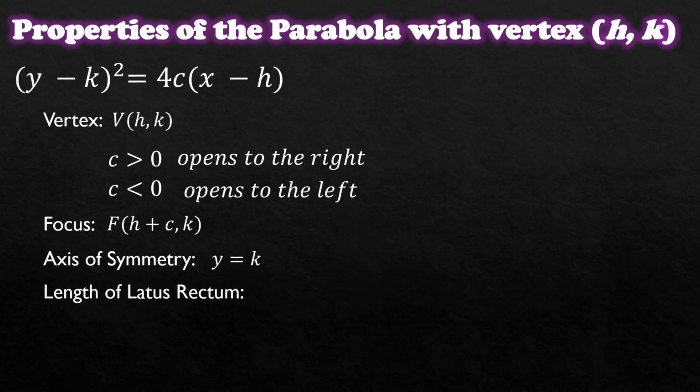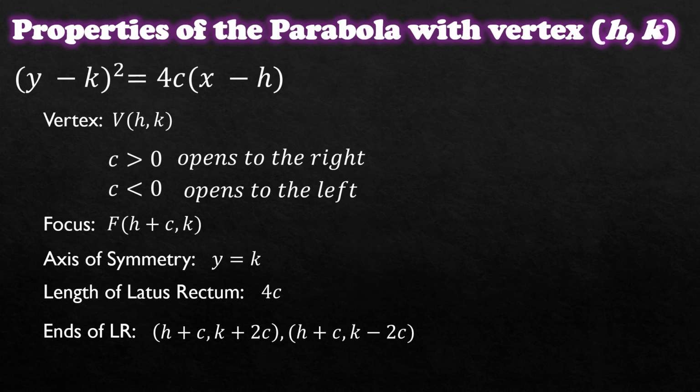The length of latus rectum will be the absolute value of 4c, and the ends of latus rectum will have the coordinates (h plus c, k plus 2c), and the other end (h plus c, k minus 2c). The directrix will be the line x is equal to h minus c.